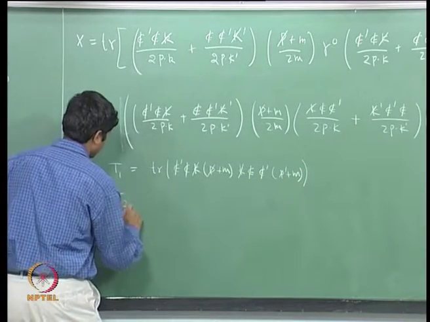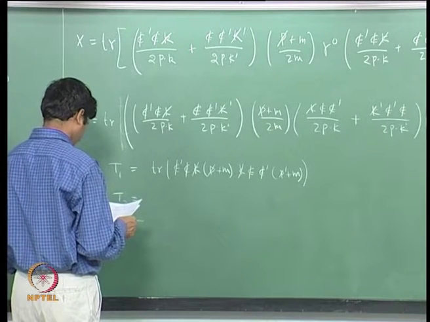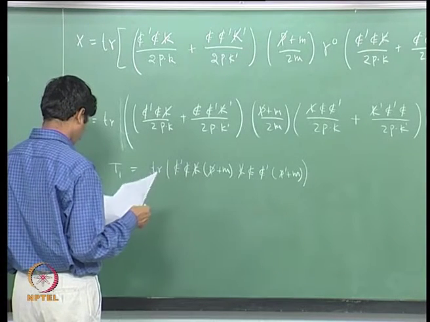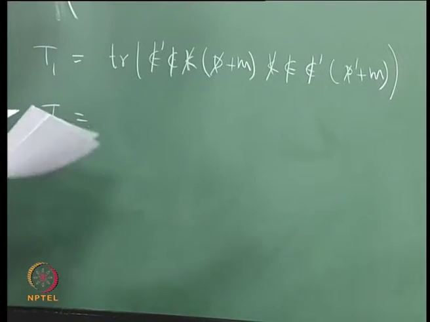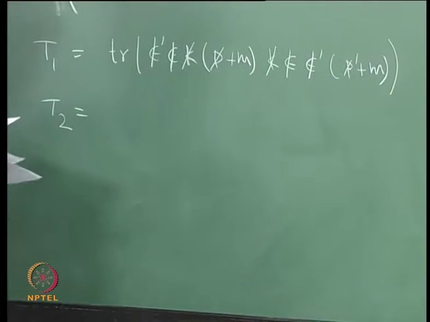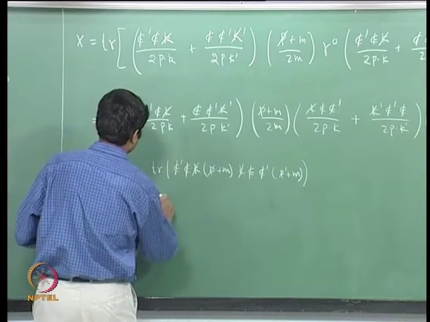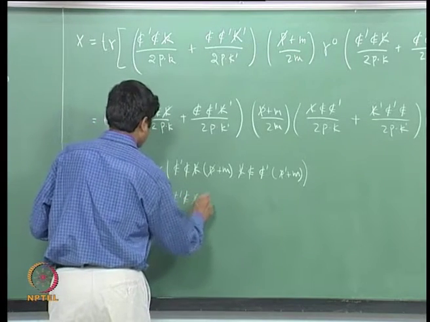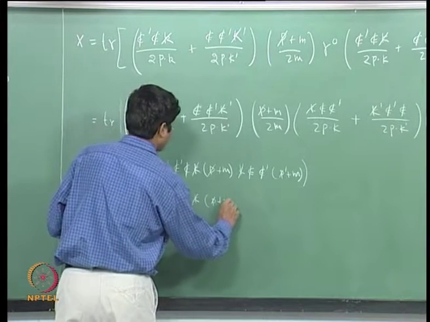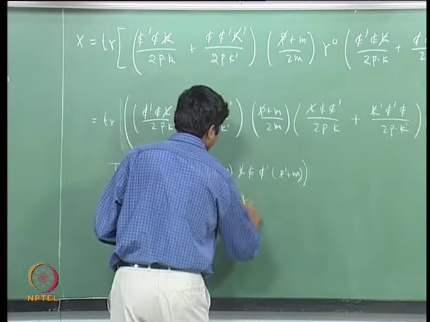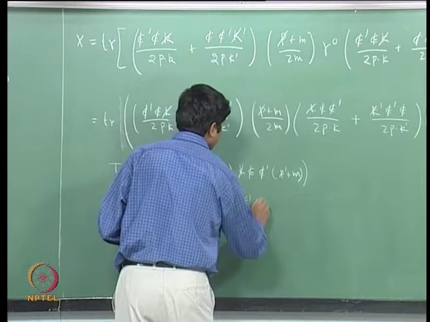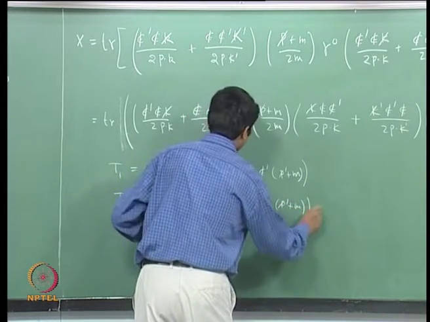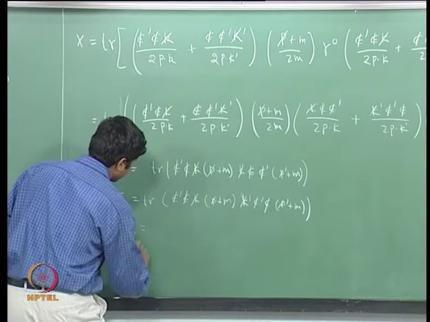T2 is just prime slash epsilon slash k slash p slash plus m and then the second term k prime slash epsilon slash p prime slash plus m, and similarly T3 and T4.